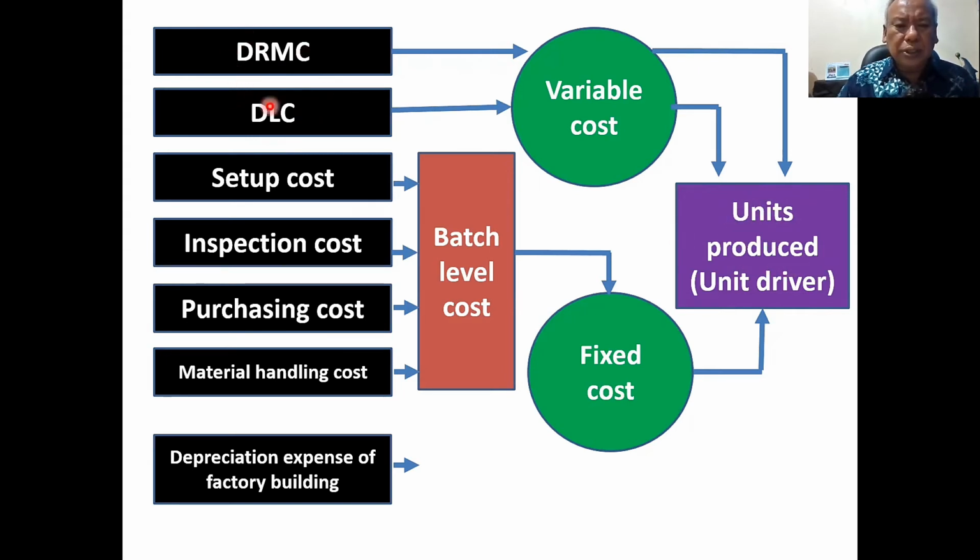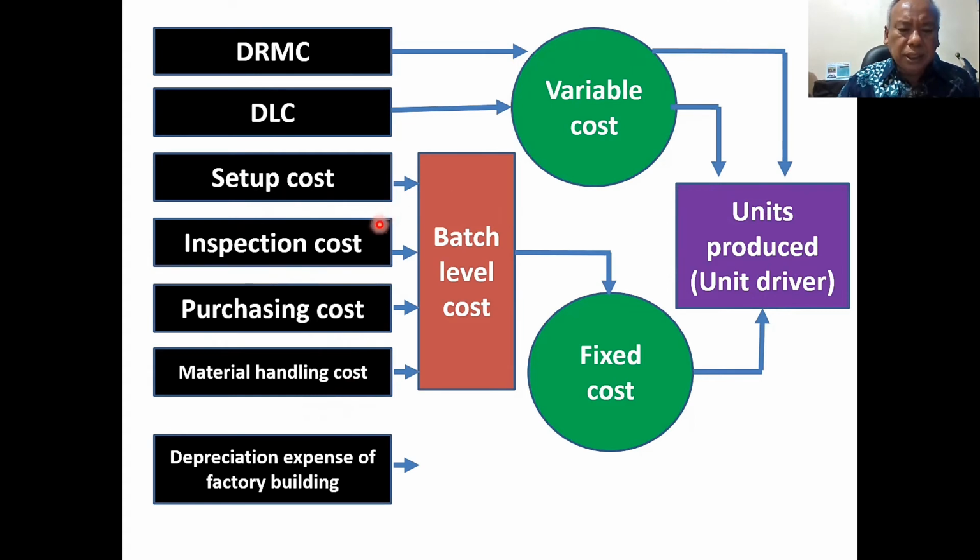Because these costs change with the changes of the units produced, we classify them as variable cost. How about the setup cost, inspection cost, purchasing cost, and also the material handling cost? Actually, if we link them to the unit drivers, the cost will not change. Why do the costs not change?